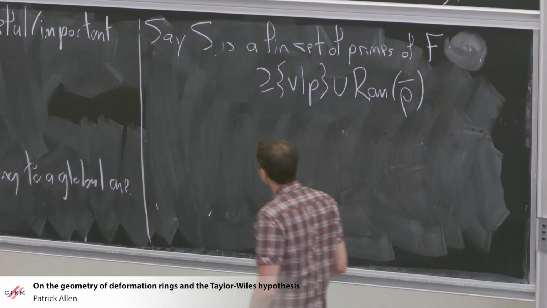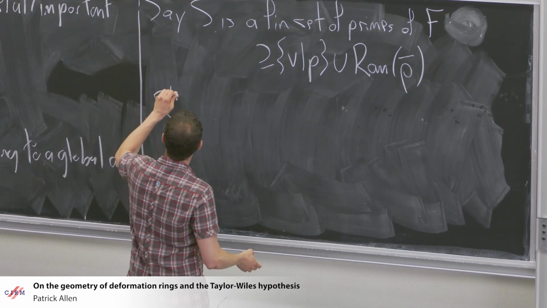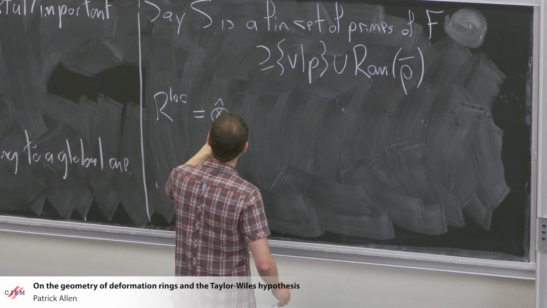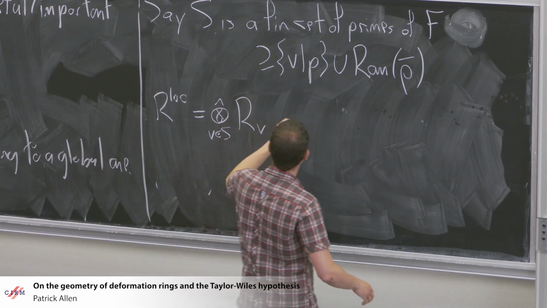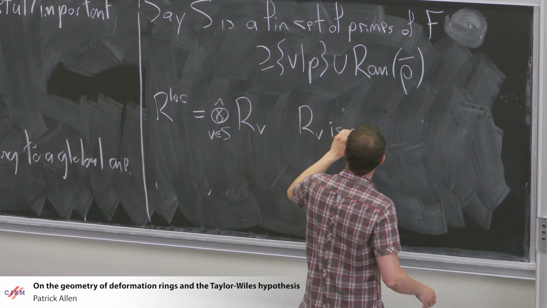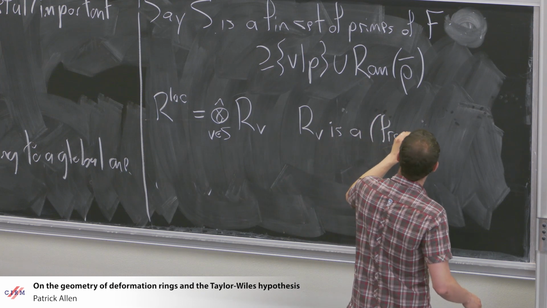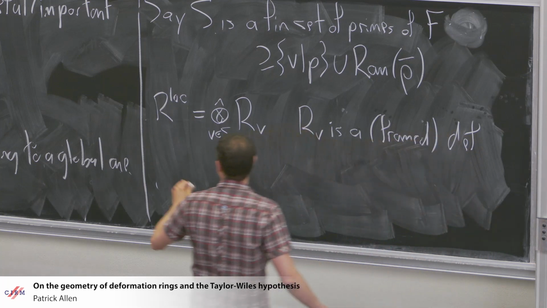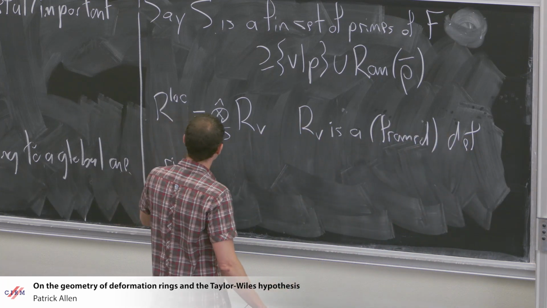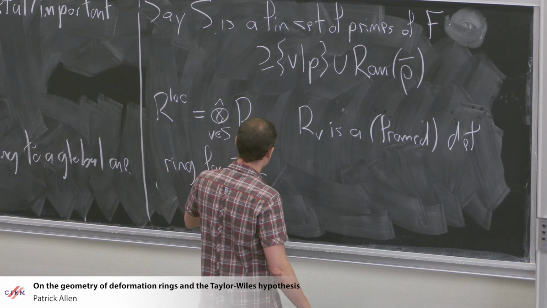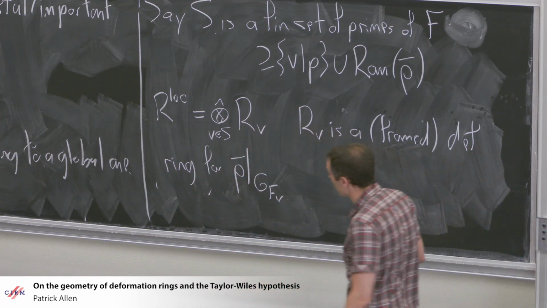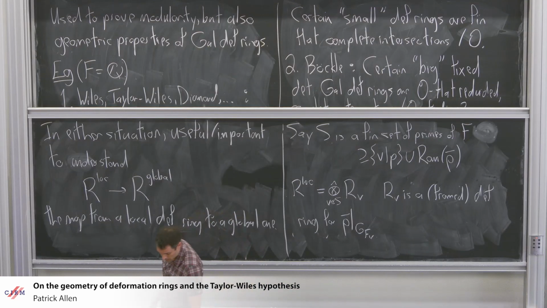Then when I mean R loc, it is, say, a completed tensor product over all of these R_v, where R_v is, maybe it's not important, but maybe you need a framed deformation ring for rho bar restricted to the local Galois group.